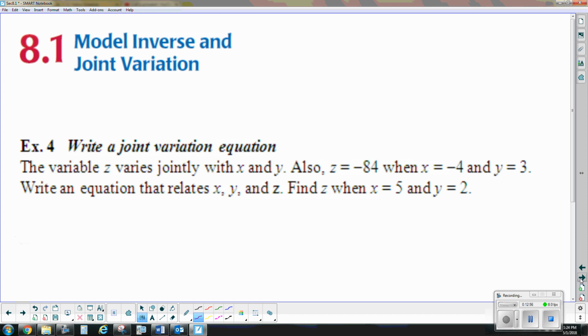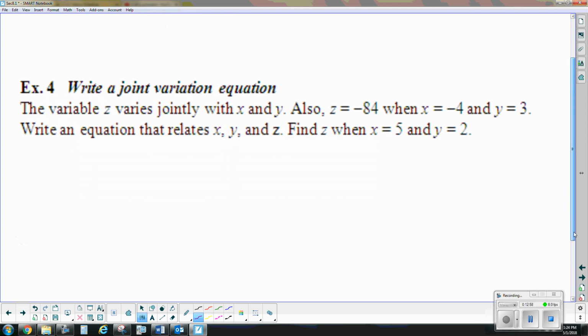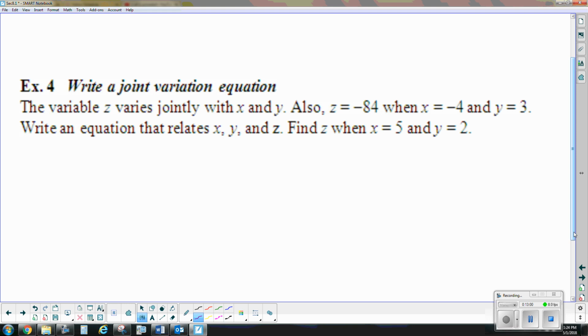So let's look at a couple examples here. The variable z varies jointly, so z equals some constant times x times y. So we're going to use joint variation here. Now it tells us what z equals.